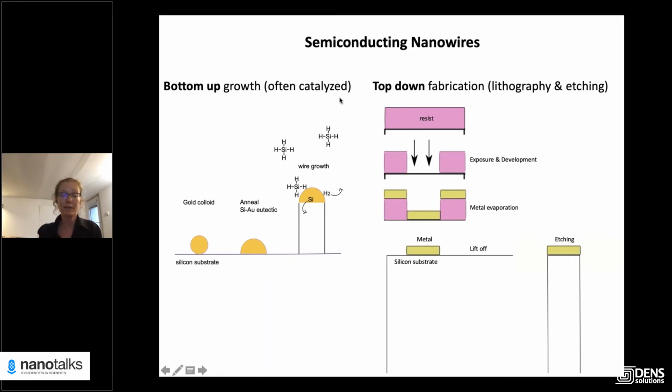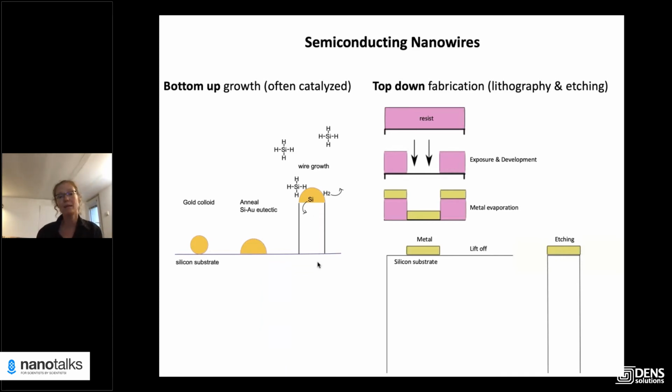So these are often catalyzed. For example, we can use a gold colloid on a substrate and then either supply the atoms from which we want to build the wire in a gas using a precursor, or we can use a molecular beam, like in molecular beam epitaxy. And these atoms are then supposed to go into the catalyst particle. And when the supersaturation is reached, we can grow these pillar-like structures.